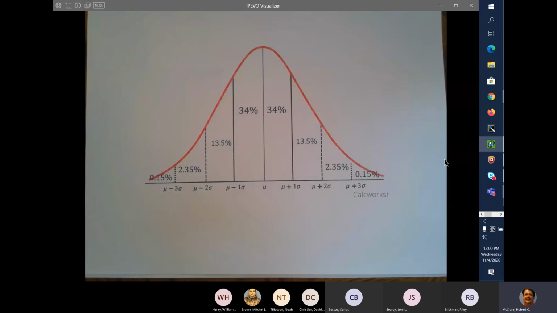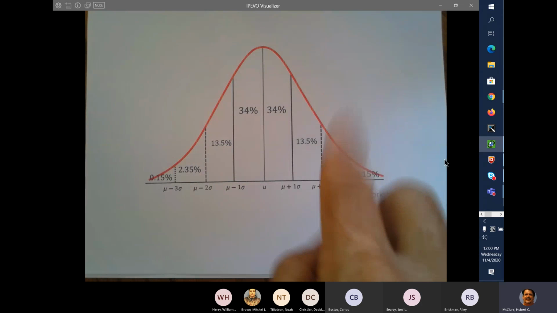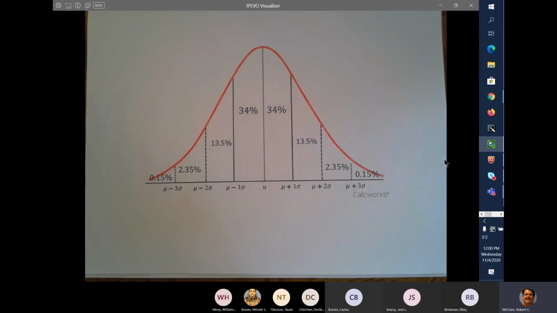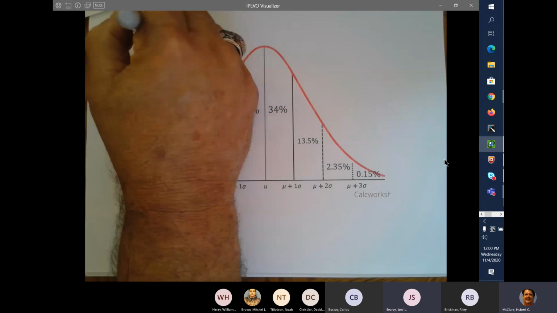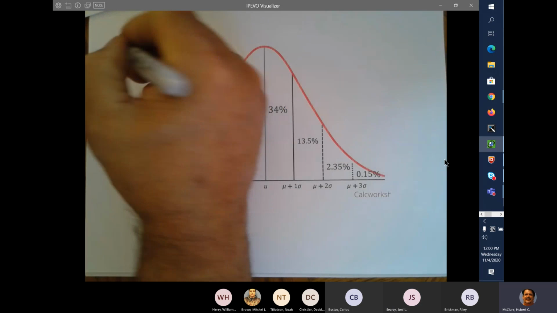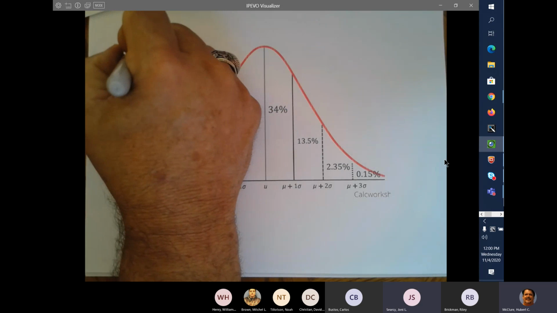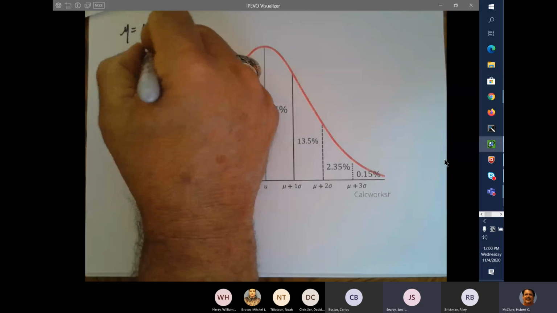Okay. When you draw a normal curve, and I want you to draw this curve and put these lines, it ain't got to be perfect, but when you do a normal distribution in a statistical sense, you're going to have the mean in the middle. Now, let's say we do a problem and the mean is equal to 40 and the standard deviation is equal to 10.